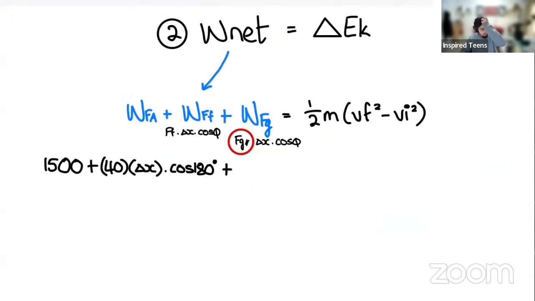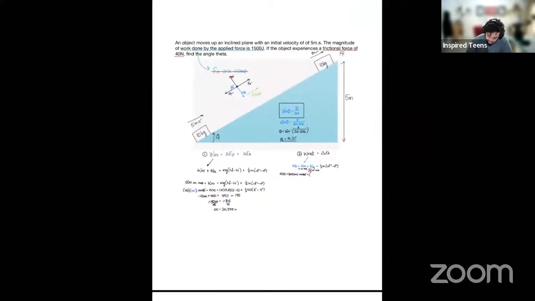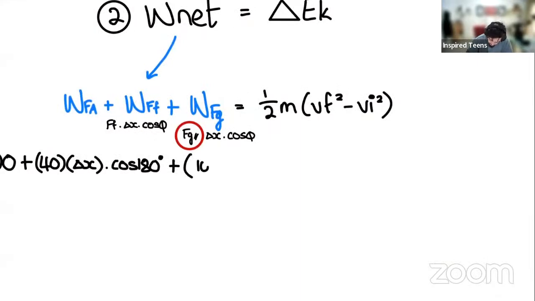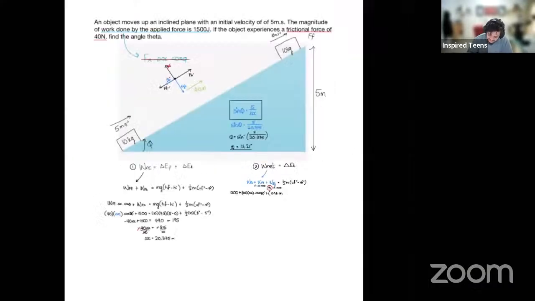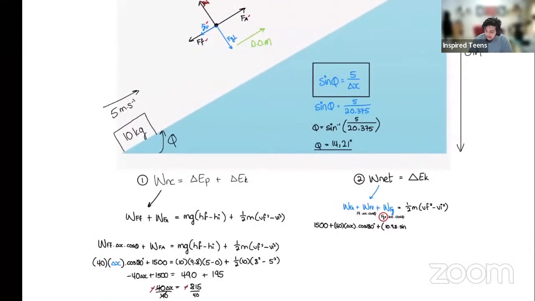So yes, then we have FG parallel. I'm going to calculate FG parallel. FG parallel is mg sine theta. What is the mass? 10 kg. 9.8. Sine theta. Remember, this theta is the angle of inclination, which is unknown.